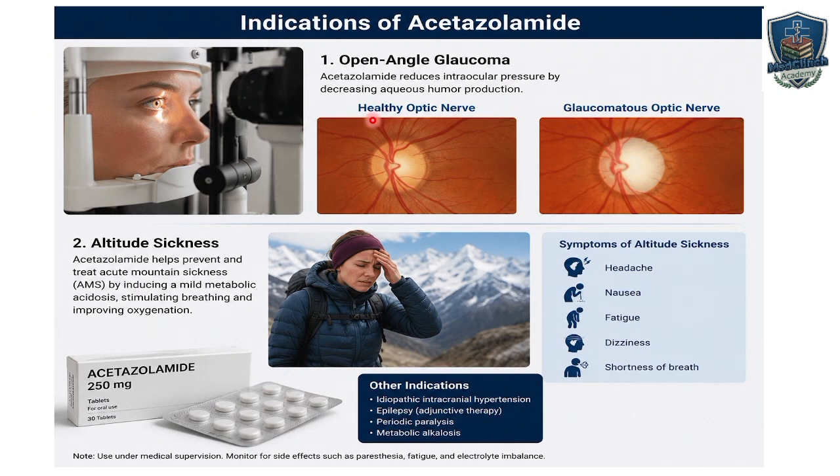This is a diagram that I have just generated from AI. You can see some of the indications when using acetazolamide. It's very good when it comes to open angle glaucoma, because it helps in reducing the intraocular pressure.